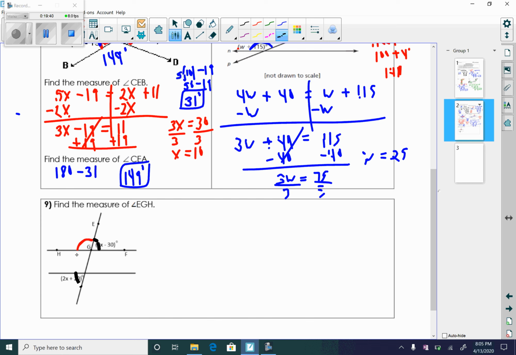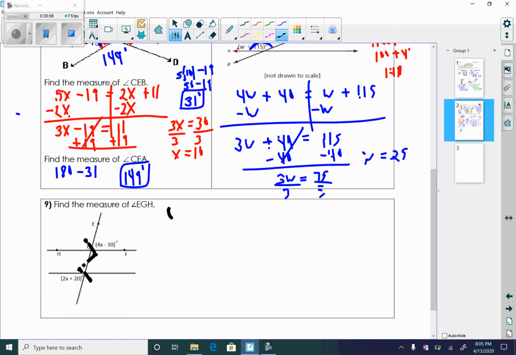They're also alternate exterior angles. If you draw that Z that we've been talking about, you'll see that if I start here and go here and go here and go here, neither of the angles fall on that Z. And we know that angles that are not on the Z are all equal to each other.